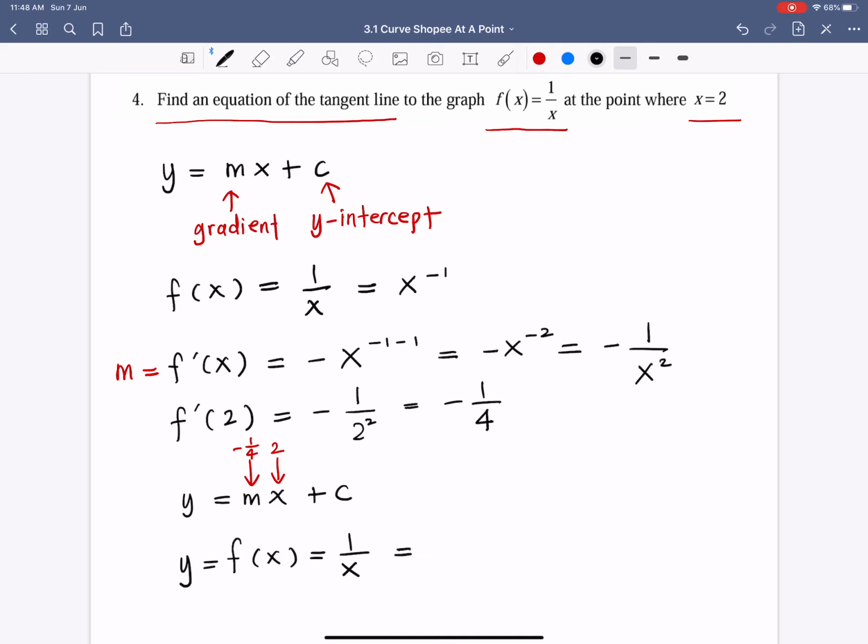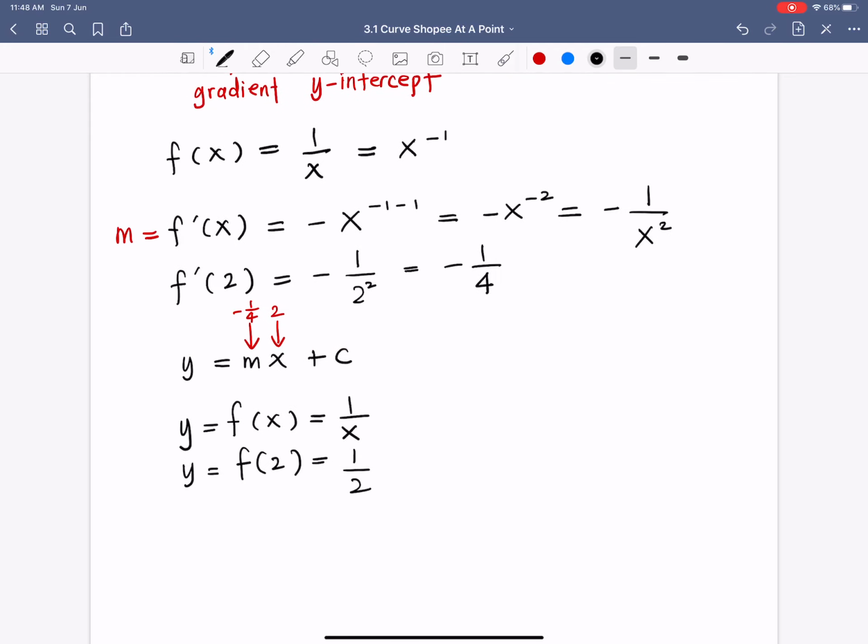So in this case, we can find the value of y when x equals 2. Therefore y equals 1 over 2. Okay, what's next? So now we have the value of m, we have the value of x, and we now have the value of y.